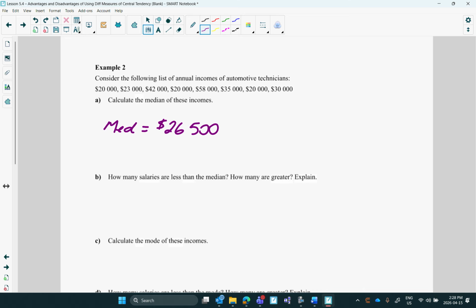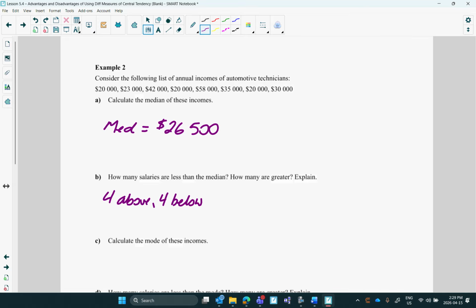So 4 above, 4 below. That's the very definition of the median, so that you have half your stuff above and half your stuff below.